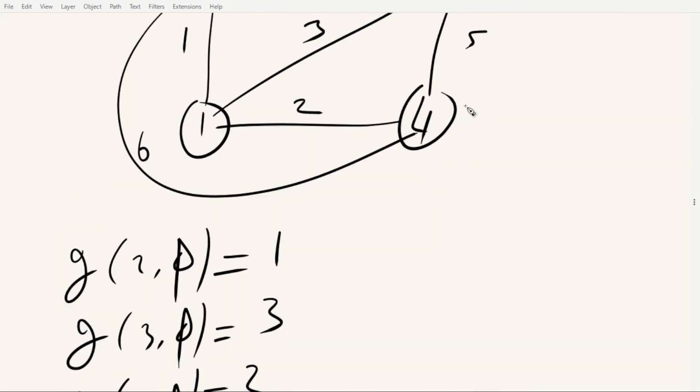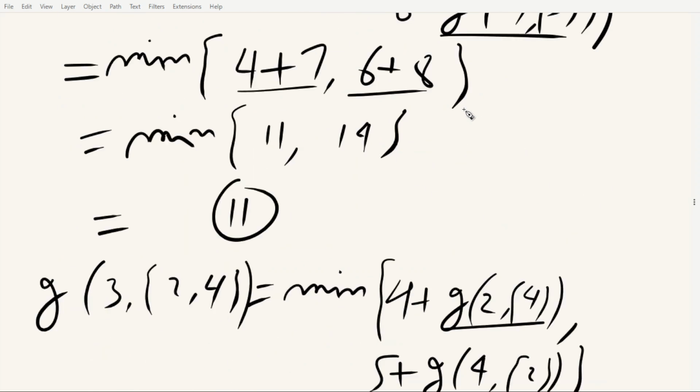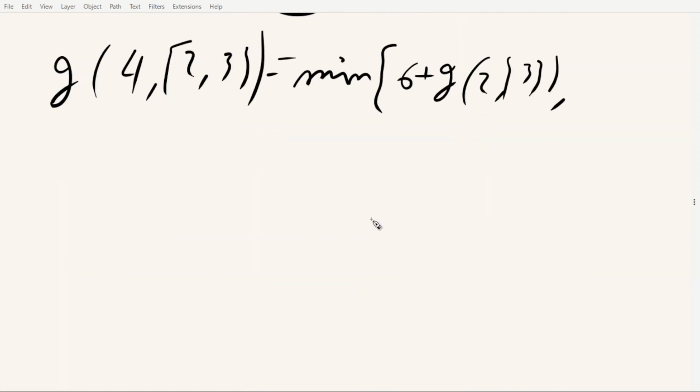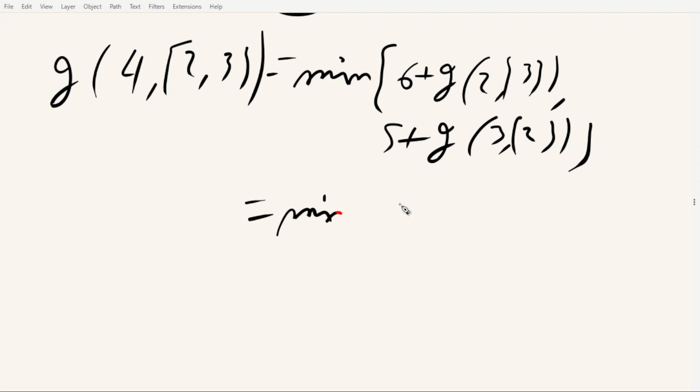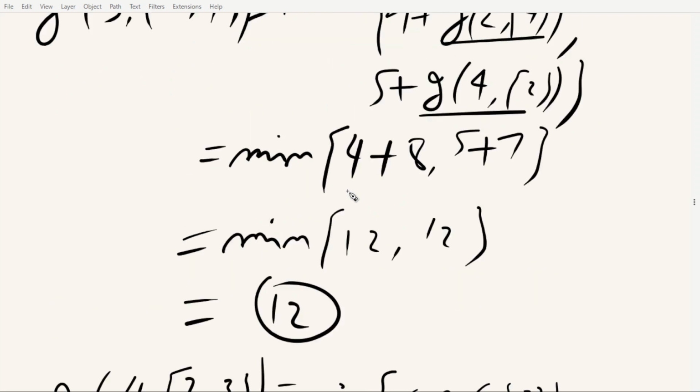Its cost is 5. 5 plus G. We move to 3. Remaining element is 2. Just put the values of G2,{3} and G3,{2}.